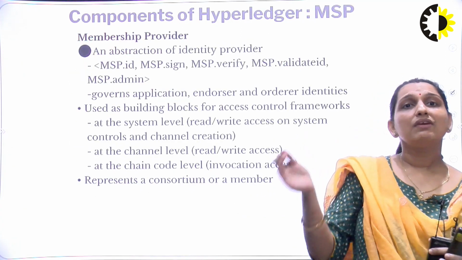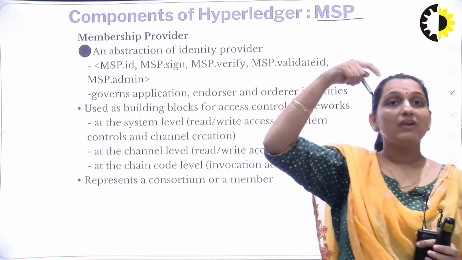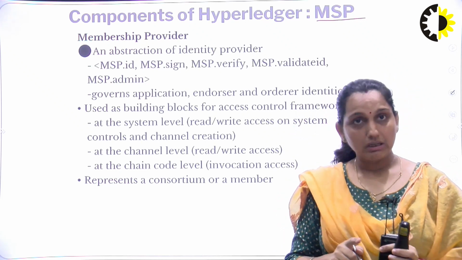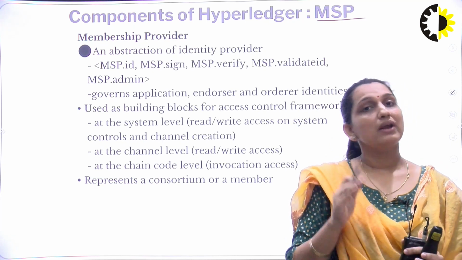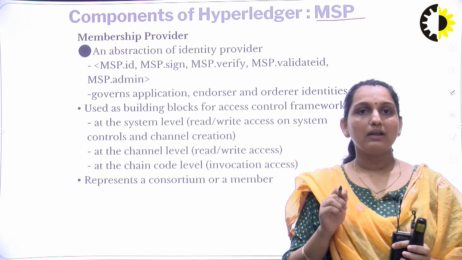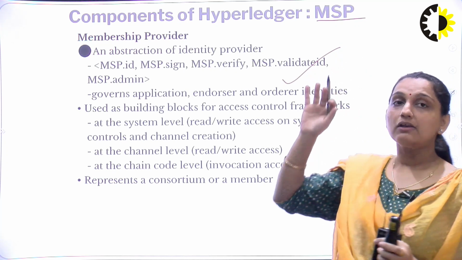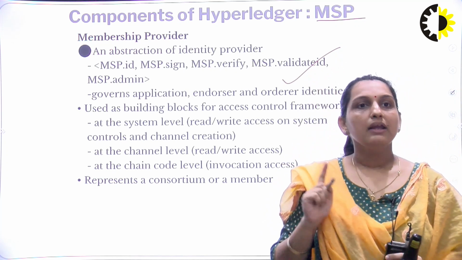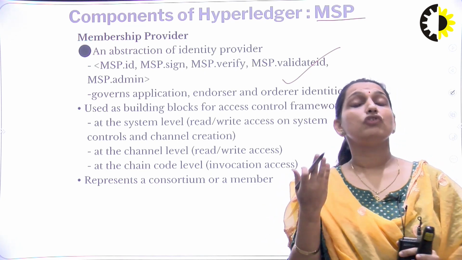When we have an MSP, the membership service provider, this is a component for a person using a permissioned blockchain. We have an ID, signing, verifying, and validating the ID. All the parties using it have an abstract identity provider, provided by an MSP provider, which determines whether it will use a channel or not, and whether it will use a chaincode or not.